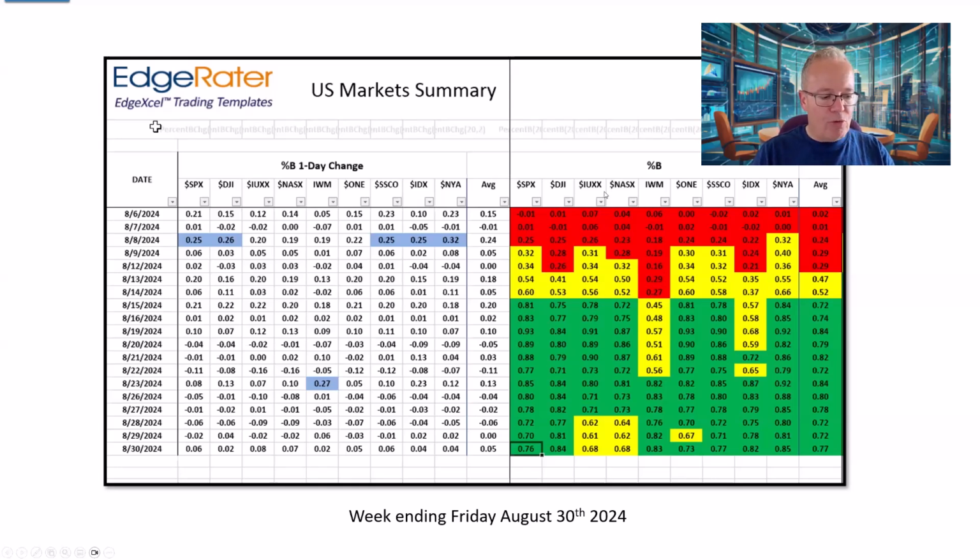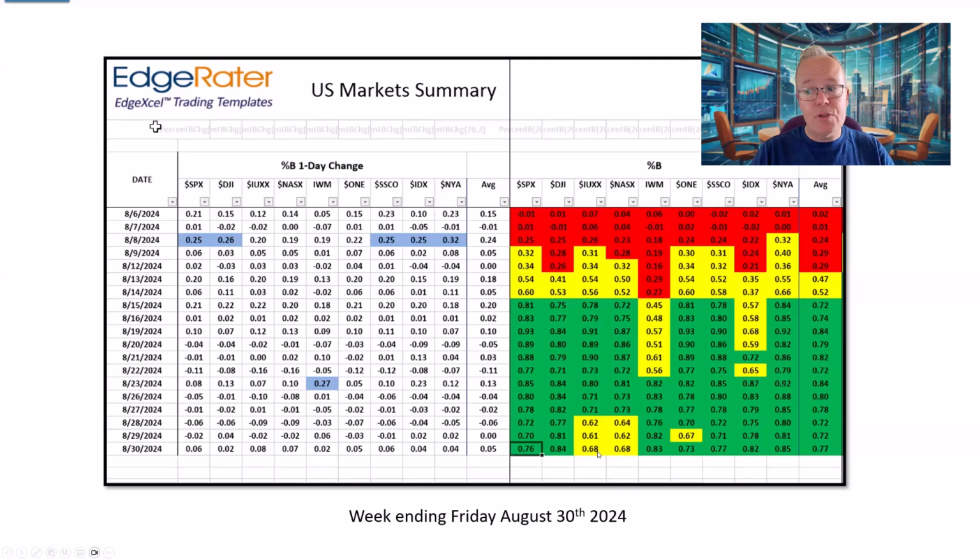They're both related to the NASDAQ: the IUXX is the NASDAQ 100, and the NASX is the NASDAQ Composite. Pretty much 99% of the time, these two follow each other. So the fact that these two indexes are showing yellow is not that big a deal. They often do show yellow, even when the rest of them are showing green. That does happen frequently, so nothing too much to worry about there, I think.